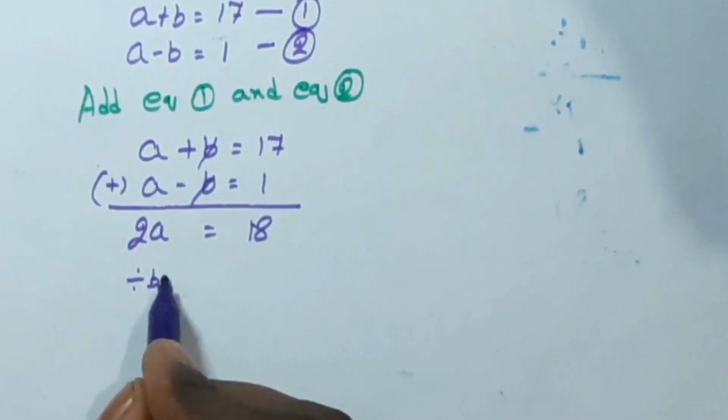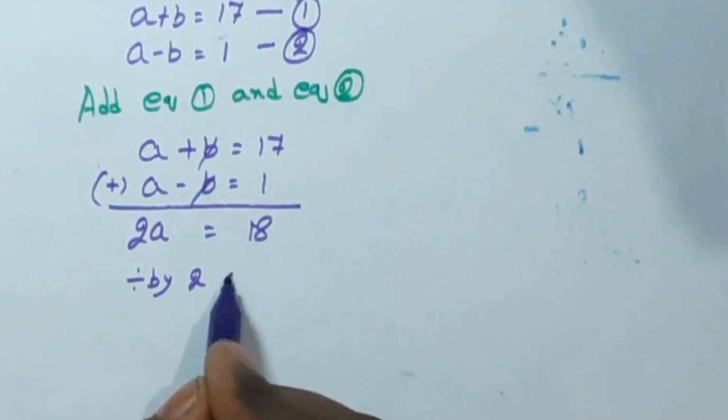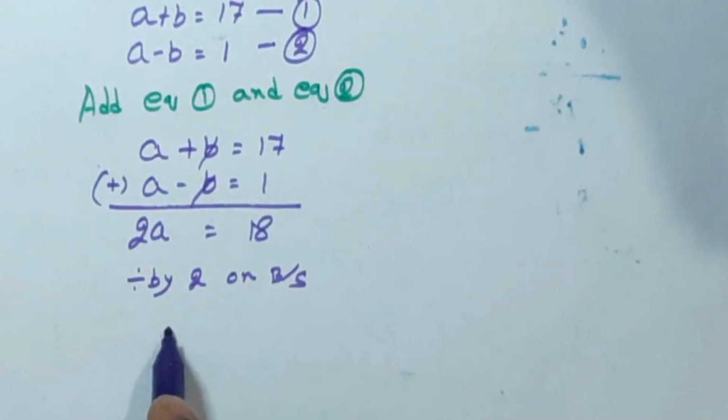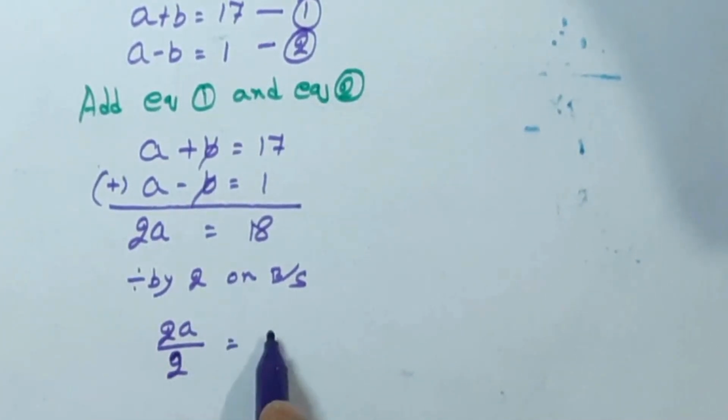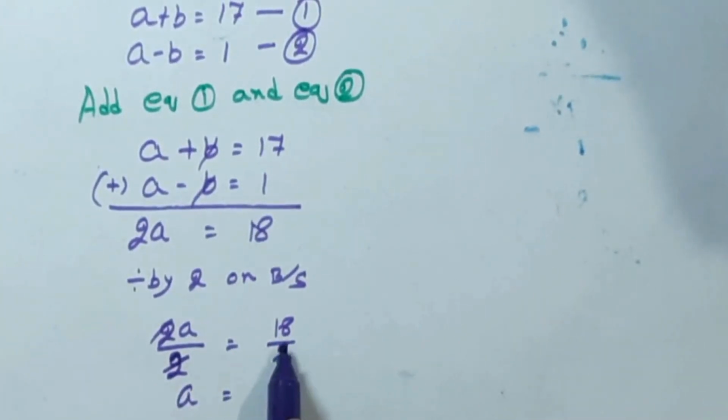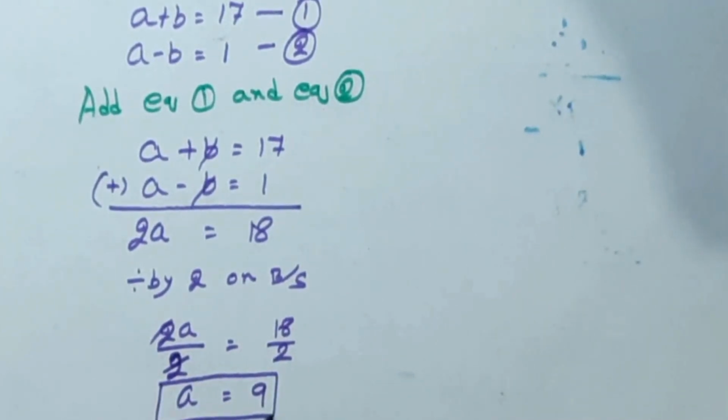Divide by 2 on both sides. So, 2a by 2 equal to 18 by 2. This 2 cancels this. So a equal to 18 by 2 is 9. So a equal to 9.